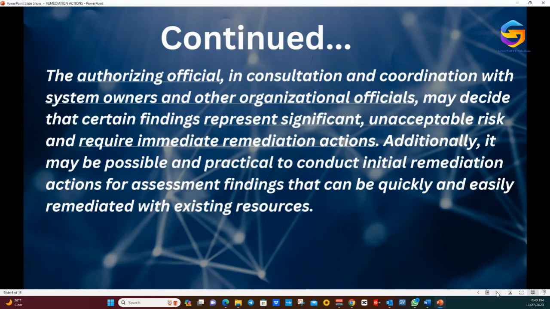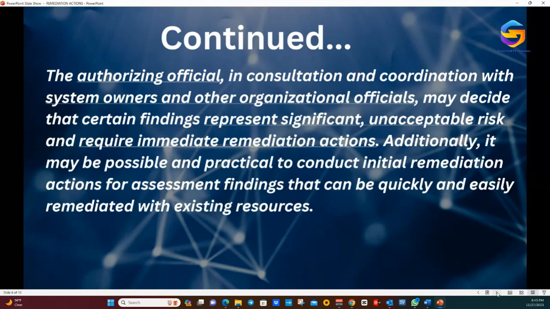That responsibility now falls on the system owner or the common control provider to fix that control. When that is fixed, the control assessor will go back and reassess it to make sure that it meets the requirements of what it is intended to produce. That's all that remediation action means.